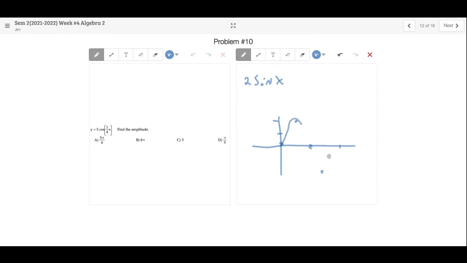That would be the 2 sine of x. Now, if there was a negative in front, the amplitude is still 2. The only difference is that it goes down 2 first, then up 2, and then back down. So the amplitude is still 2. It just goes the opposite direction. That's all the negative does.